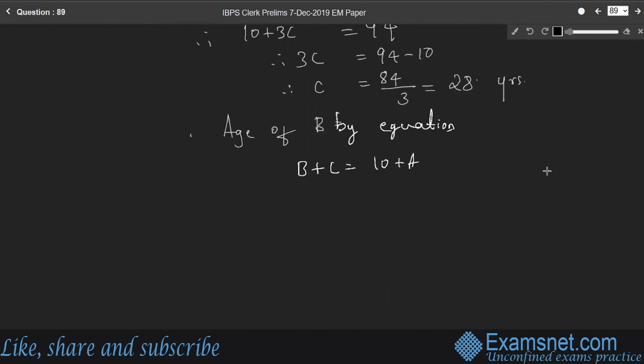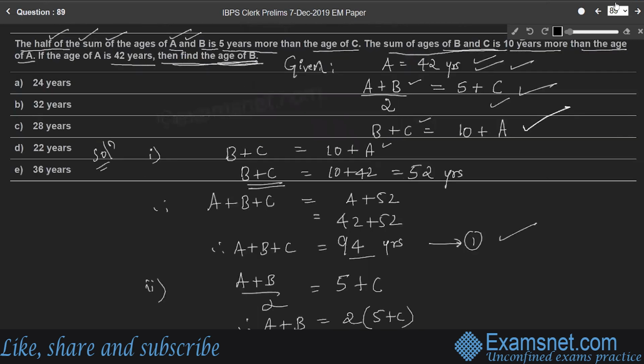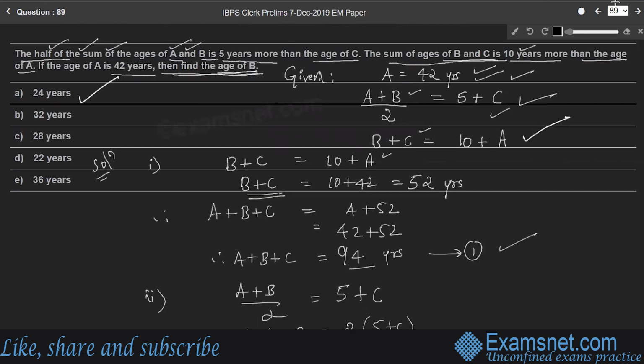So age of B becomes 10 plus A minus C. A's age is 42 years, it is given, minus C's age is 28 years. Therefore, it is 52 minus 28, which is 24 years. Right? Age of B is 24 years. Hence, option A is the right answer.